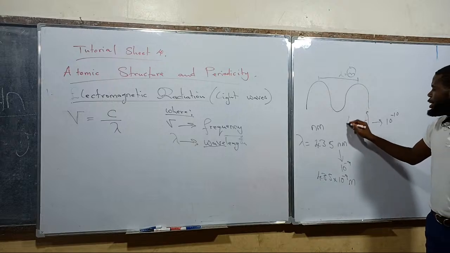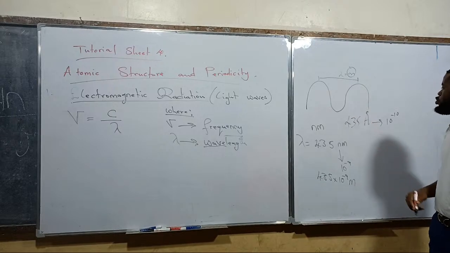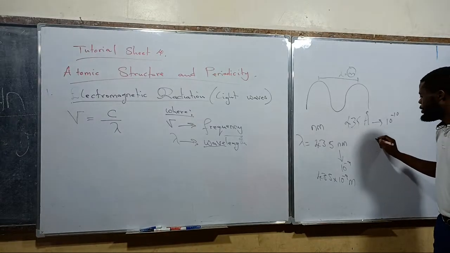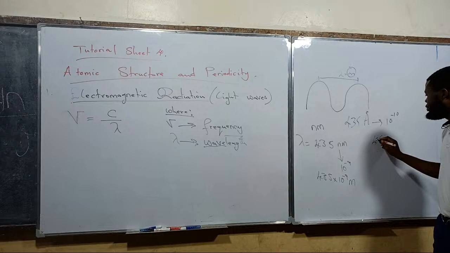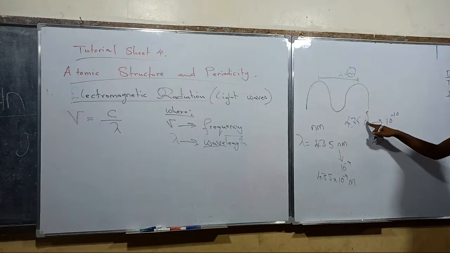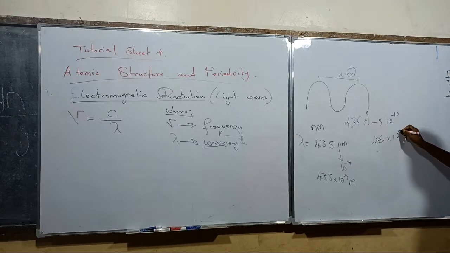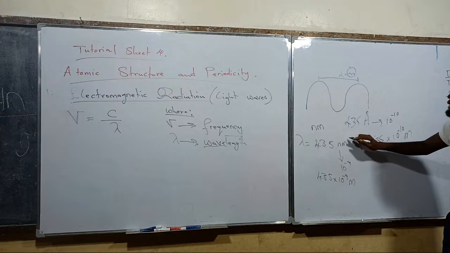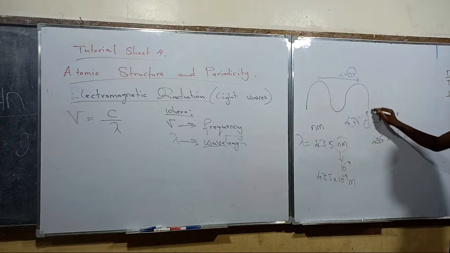So if the wavelength has been given to be 435 angstrom, in meters you say 435 times 10 to the power -10 meters like that. So the two common units they use are nanometers and angstrom.